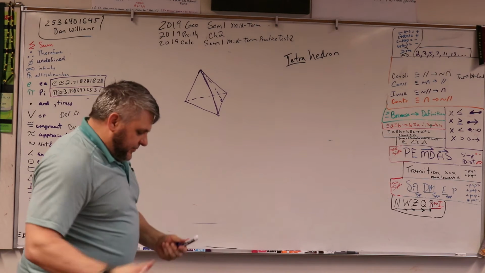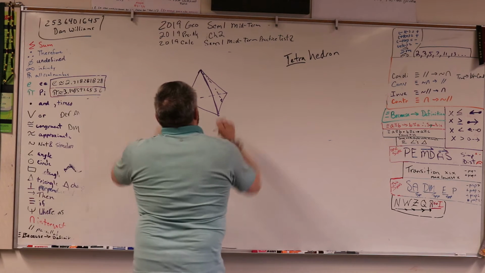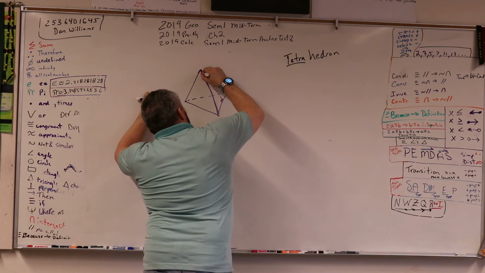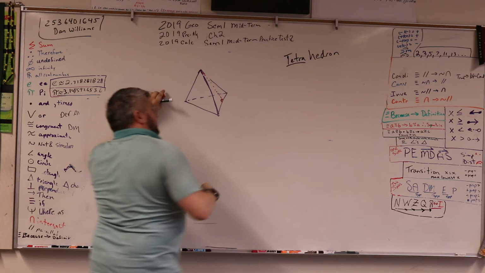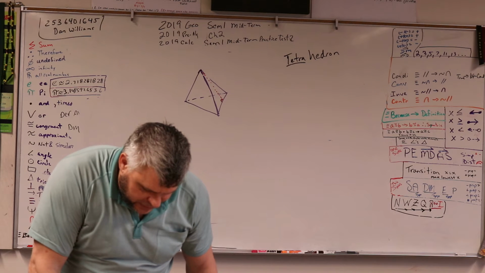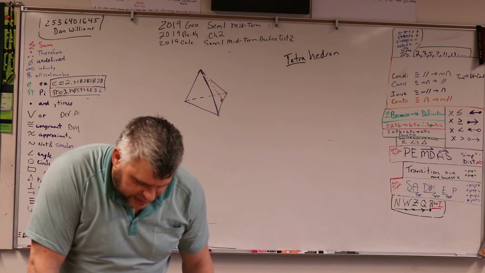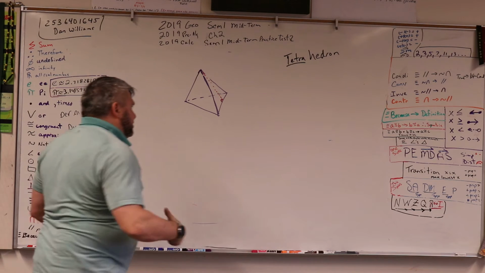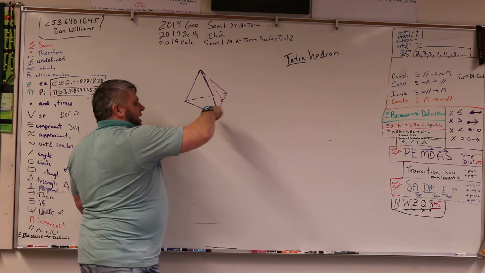I should do that in a different color, like they do. This is the height of the side of that rectangle, that triangle. Okay? And then they have another triangle. And so you have a base triangle.